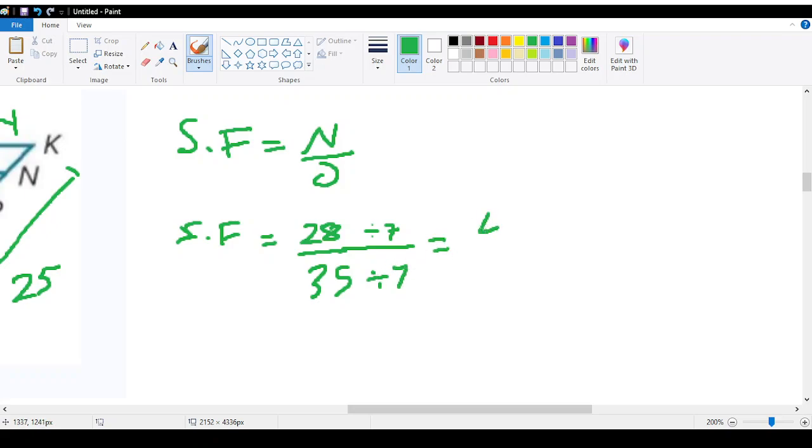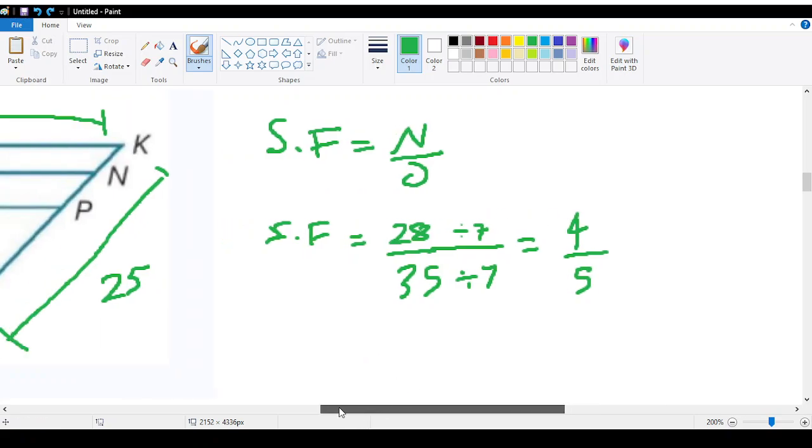That's correct. Excellent. 35 divided by 7? 5, you just told me that. So this is 4 over 5. What does that represent? That's right, this is the scale factor.